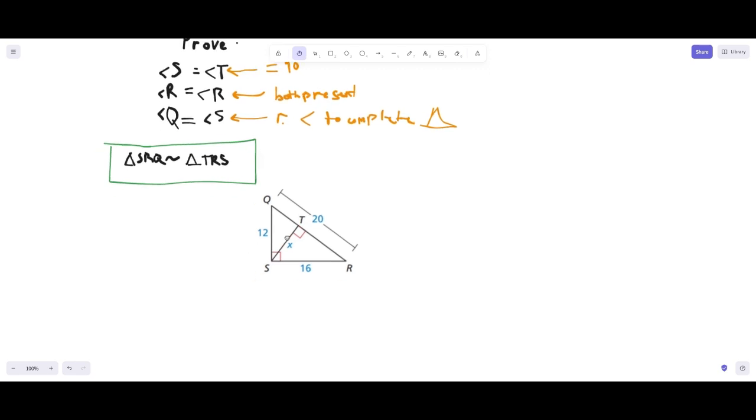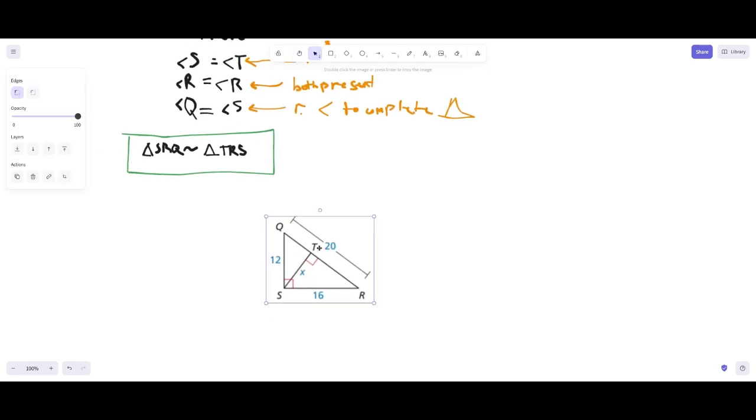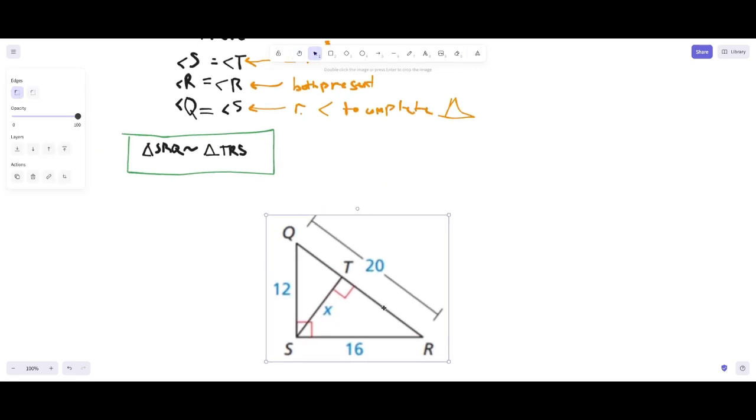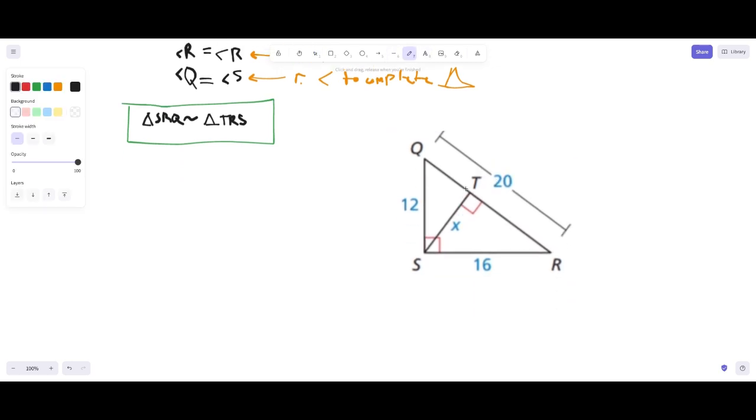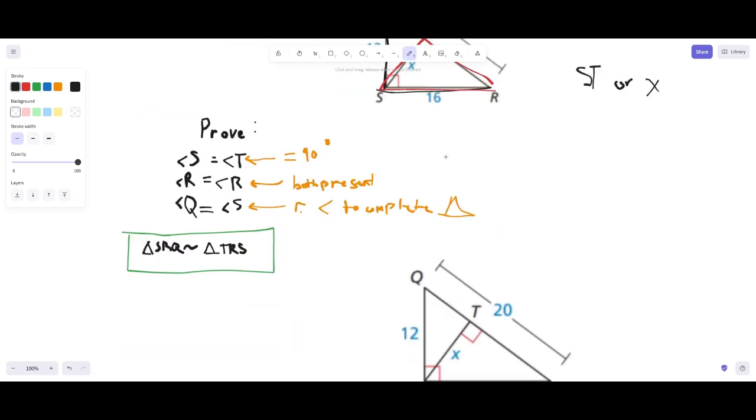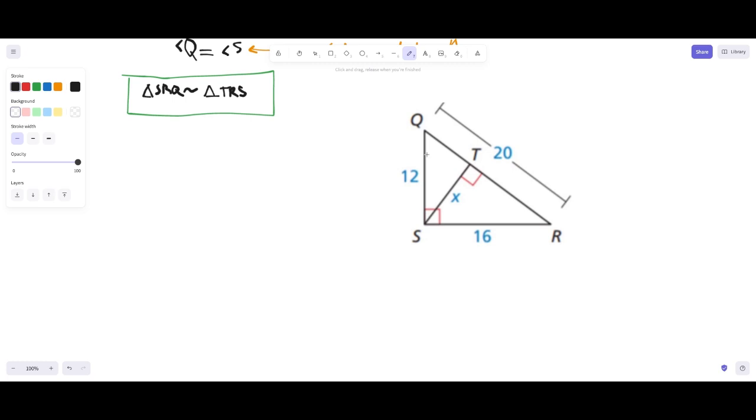Let me just make this a little bit bigger so we can actually see it. Okay, cool. So we have this figure. It's the same one as the above. I just brought it down so we can do more annotating on it.